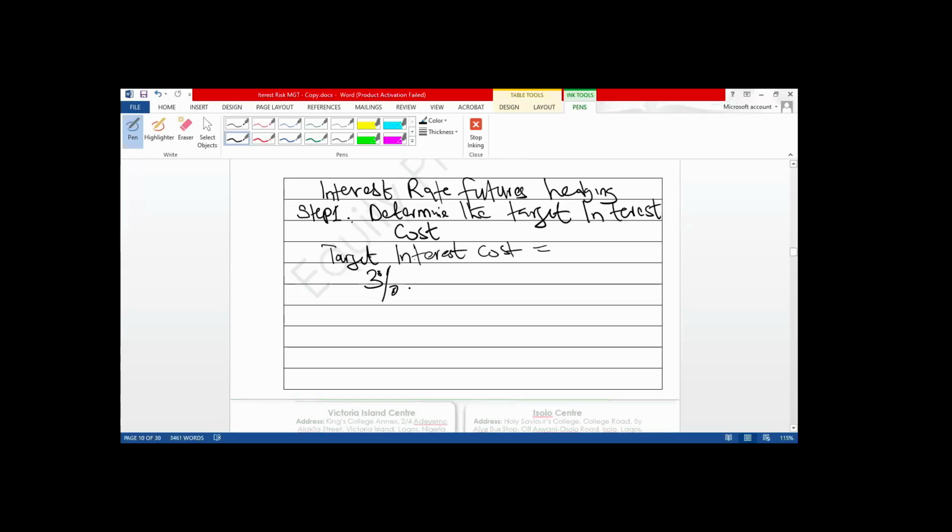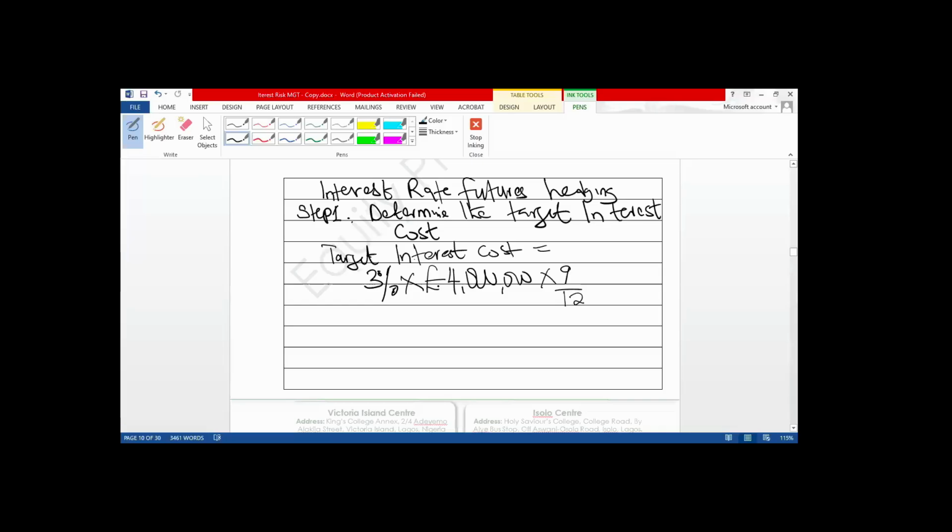That borrowing rate today, you are going to take that borrowing rate for today, multiply by the amount you want to borrow, £4 million, and you are going to borrow for 9 months. That will give you your target interest cost.